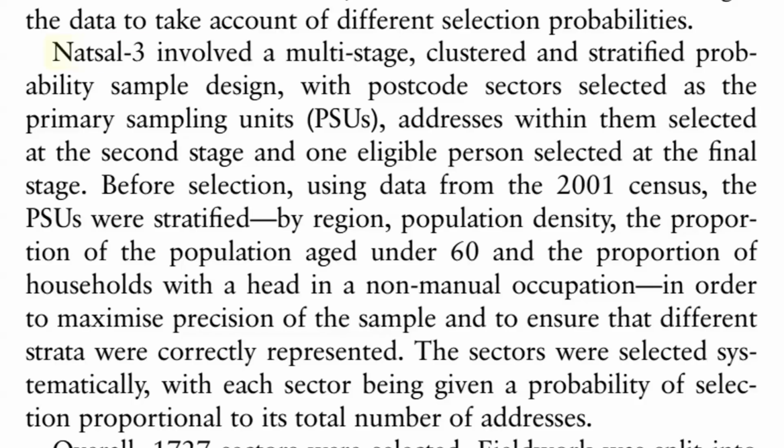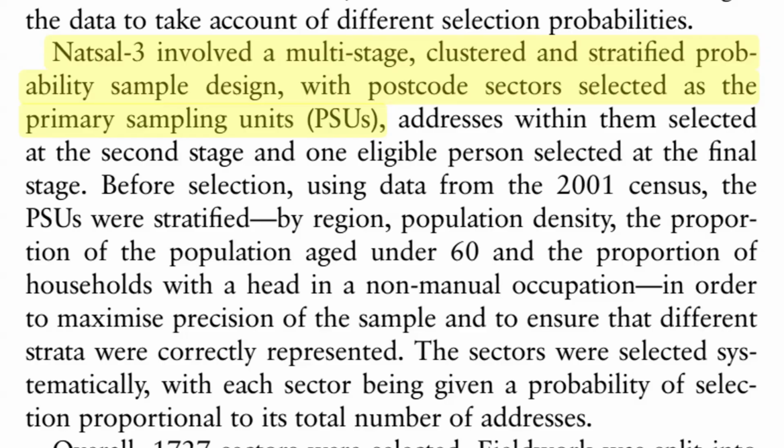is they used a multi-stage, clustered and stratified, we'll get to that, probability sample design with postcode sectors selected as the primary sampling units. So in this study, what they did is they said, all right, we are going to take all the postal codes, we call them postal codes, all the postal codes in England, and we are going to randomly select from those postal codes.